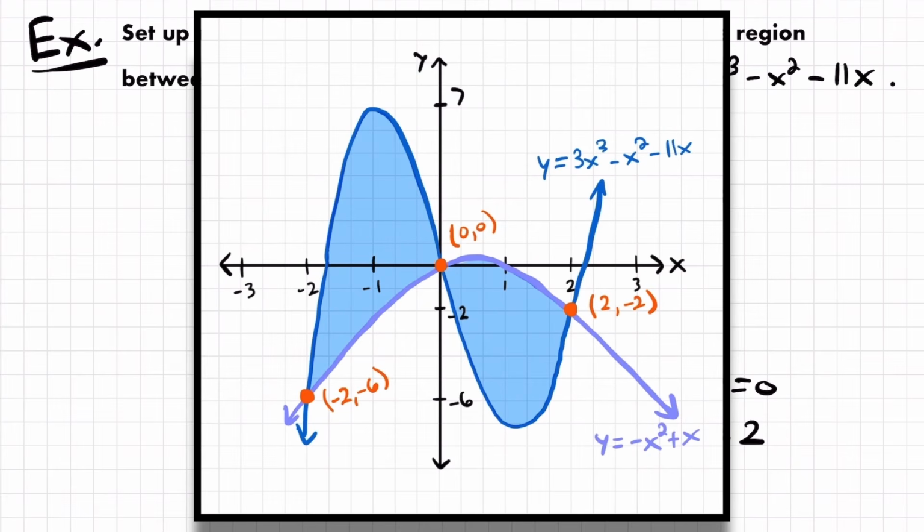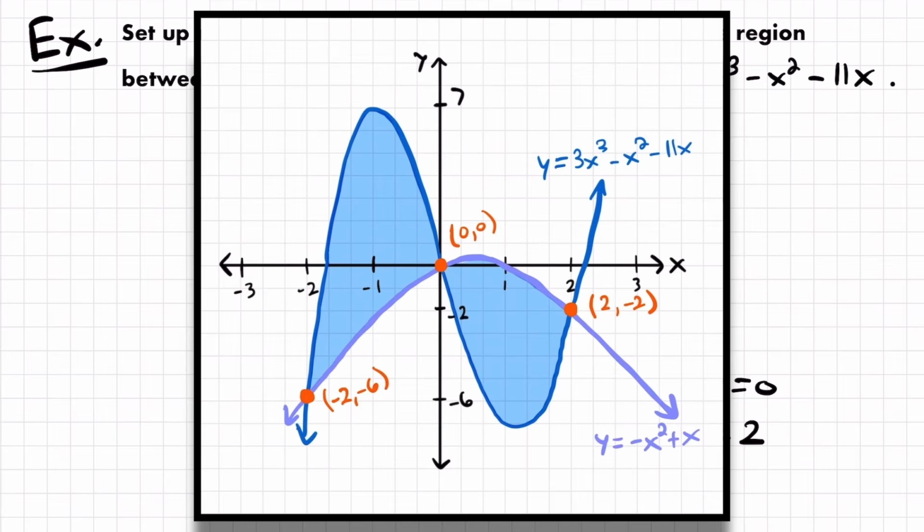Notice that for each region, the top function changes. For this first region, the top function is y equals 3x cubed minus x squared minus 11x. But after this second intersection point, the top function switches to be negative x squared plus x. So the top and the bottom functions swapped after that second intersection point.